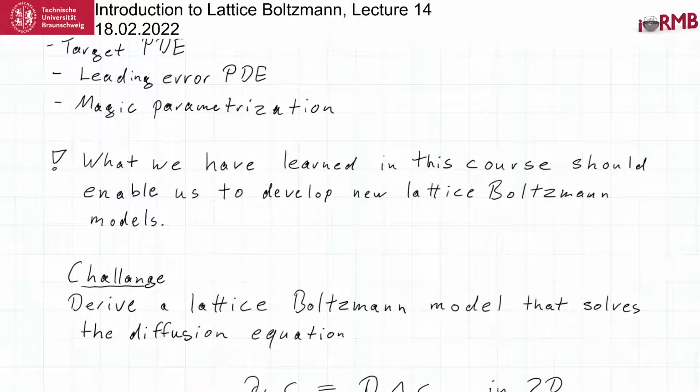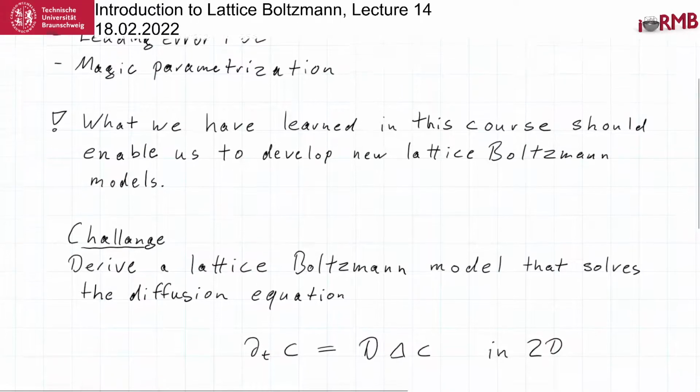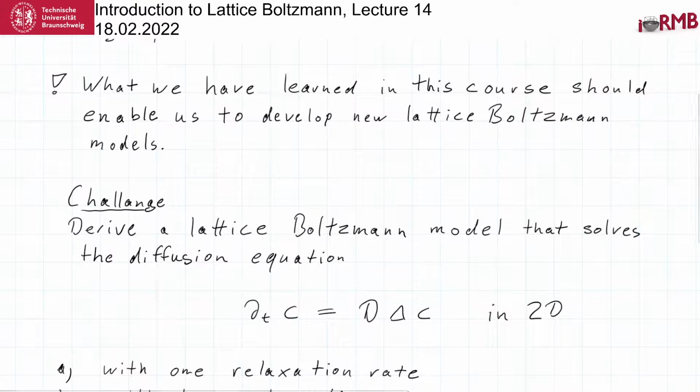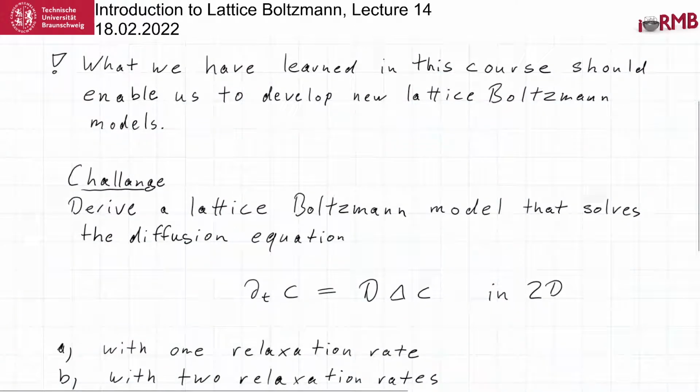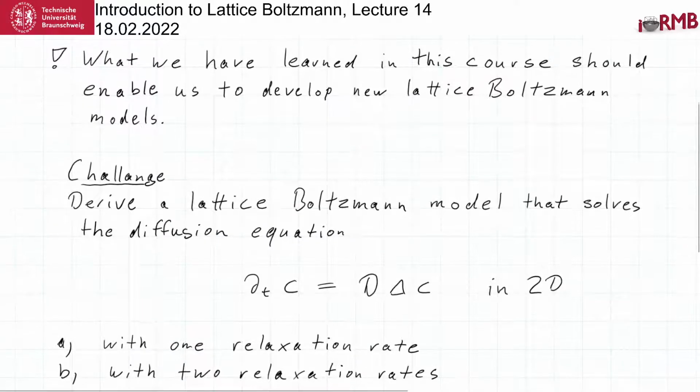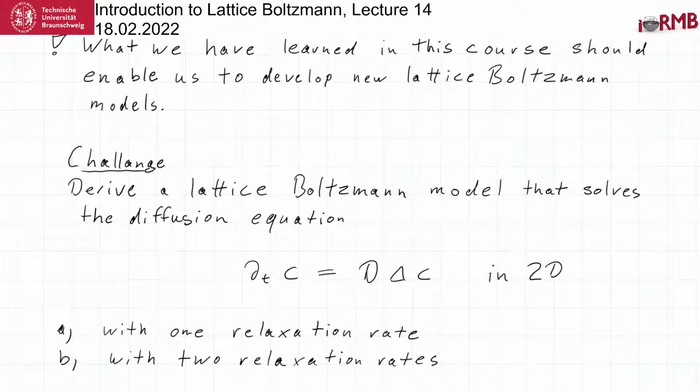And so we set ourselves this challenge here that you're supposed to derive a Lattice Boltzmann model for more or less the simplest equation for which we can derive a model. This is the diffusion equation.